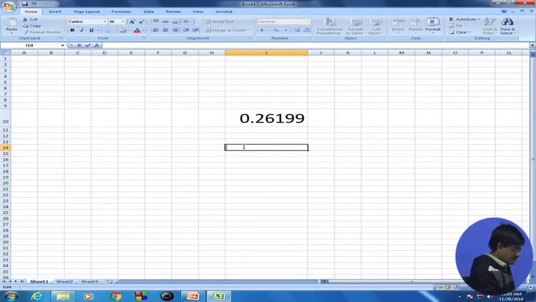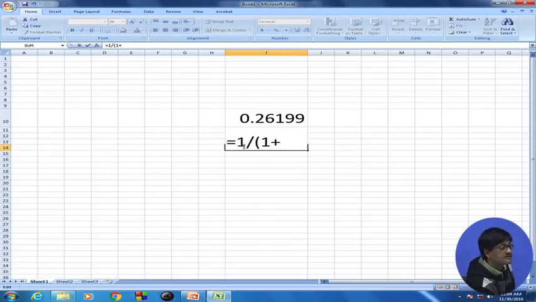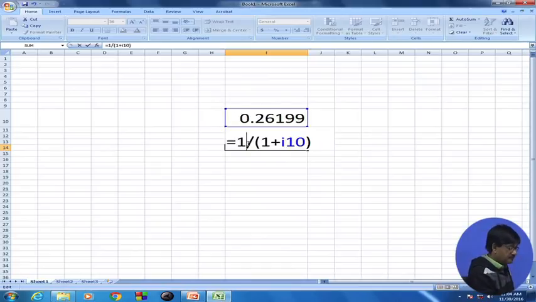Anyway, I cannot increase the font. Let me try. That is good. Equal to 1 divided by 1 plus 0.262, multiplied by 900.